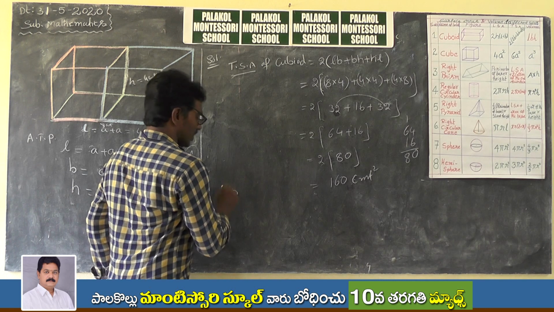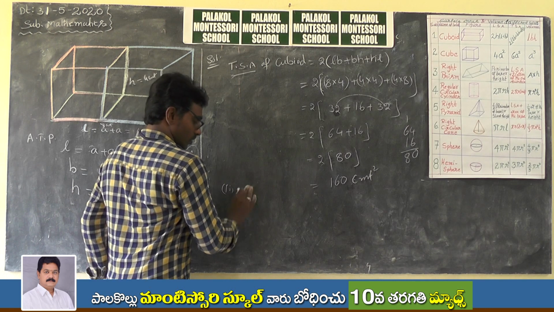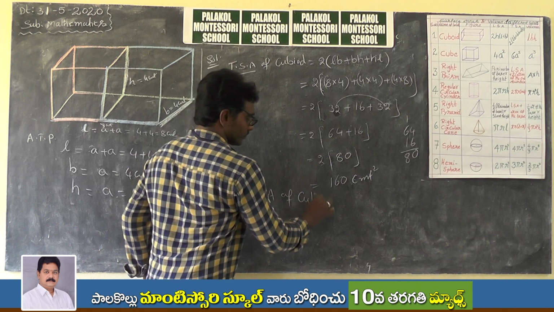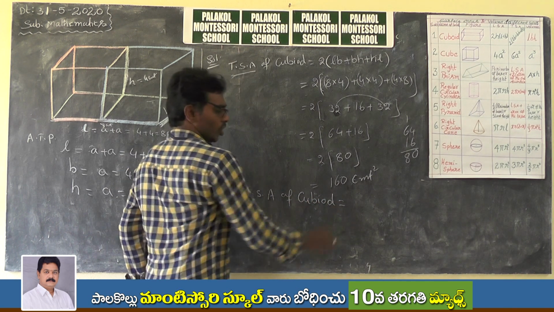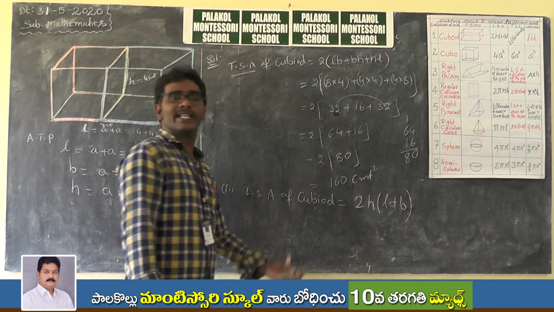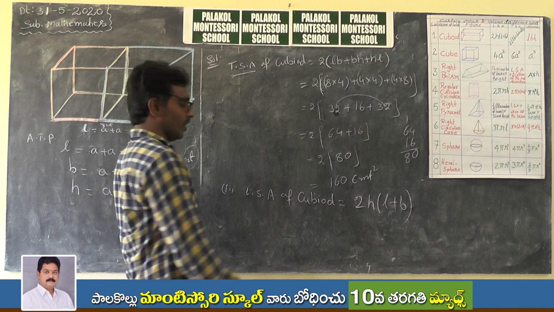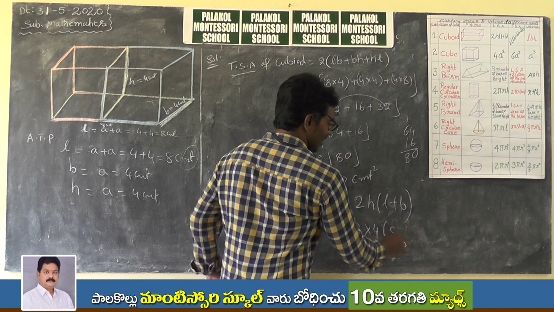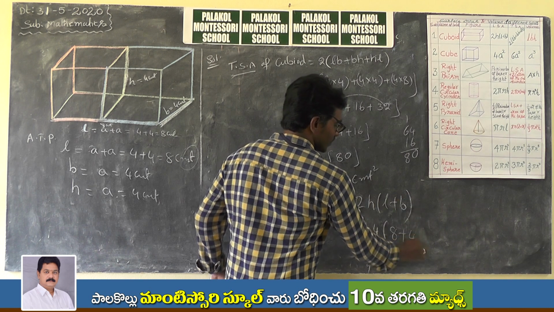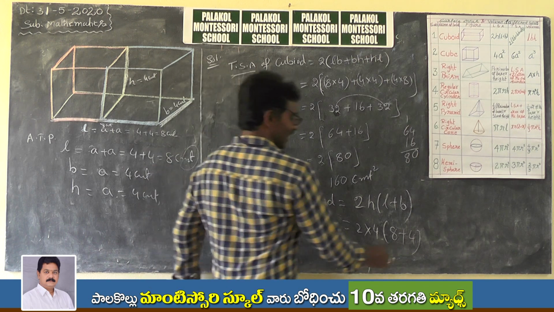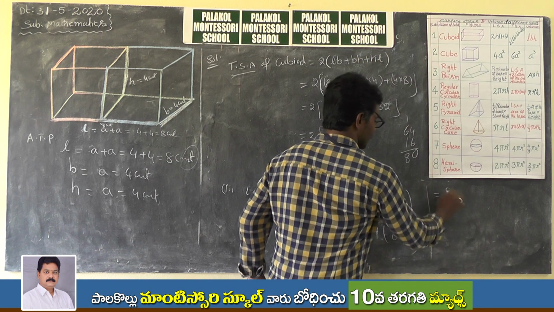Lateral surface area of cuboid is equal to 2h of L plus B. 2 of h value is 4, L value is 8, B value is 4. So 2 4s are 8.